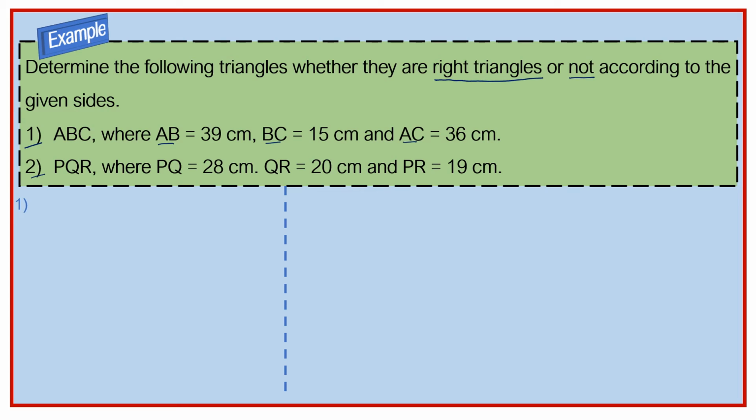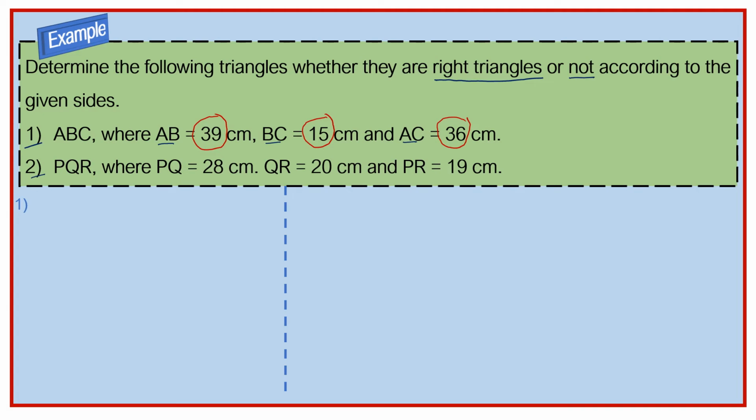Now, let's begin with number 1, ABC. Now we have AB is 39 centimeters, BC is 15 centimeters, AC is 36 centimeters. So we need to know which one is the hypotenuse.